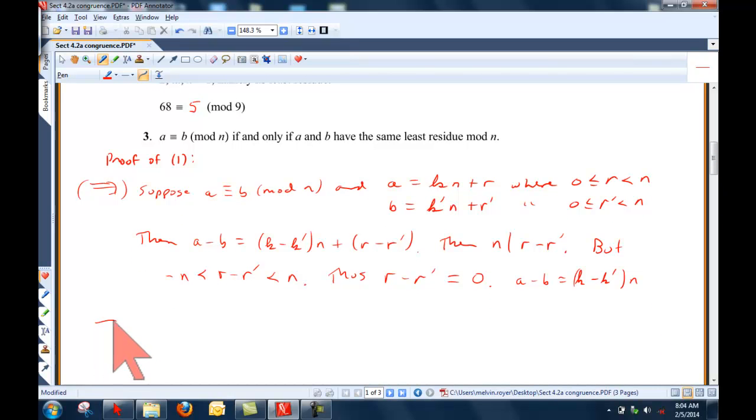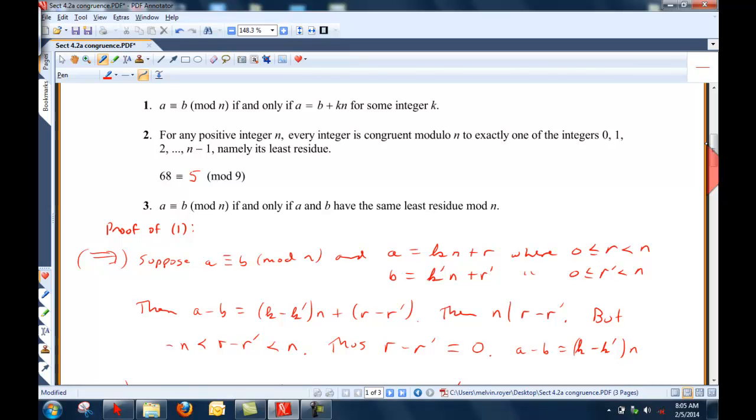Let's go the other direction. Suppose A is, let's use k again, kn plus r, and B is k prime n plus r.